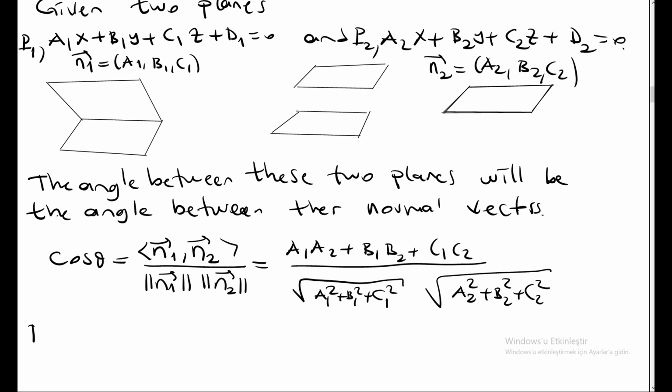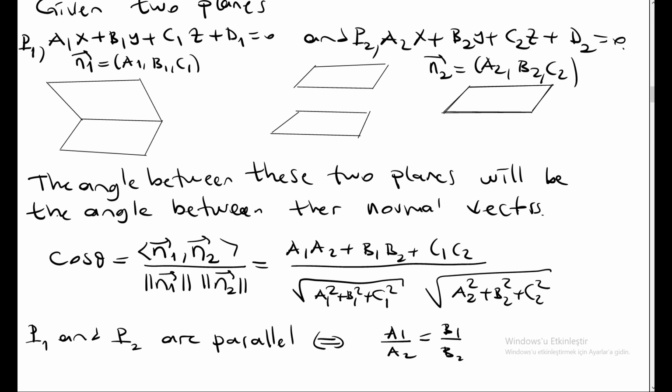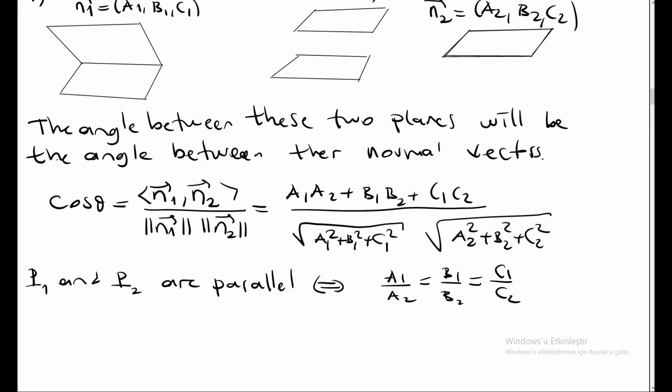So P1 and P2 are parallel if and only if A1 over A2 equals B1 over B2 equals C1 over C2. Okay. They are orthogonal.